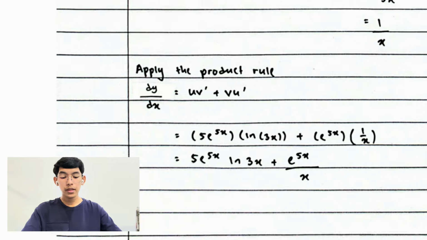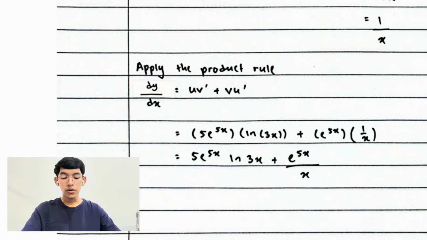The last step, we need to apply the product rule. dy over dx equals u v prime plus v u prime, equals 5 e to the power of 5x times ln 3x plus e to the power of 5x times 1 over x. The final answer is 5 e to the power of 5x ln 3x plus e to the power of 5x over x.